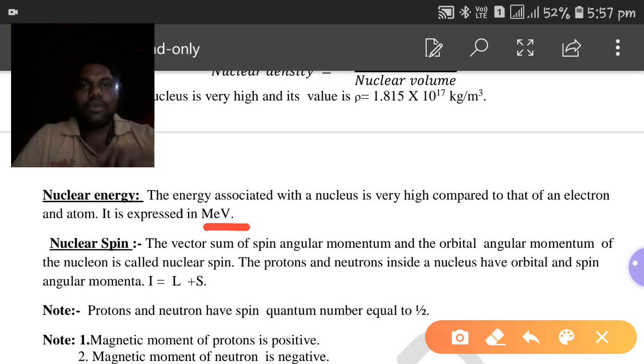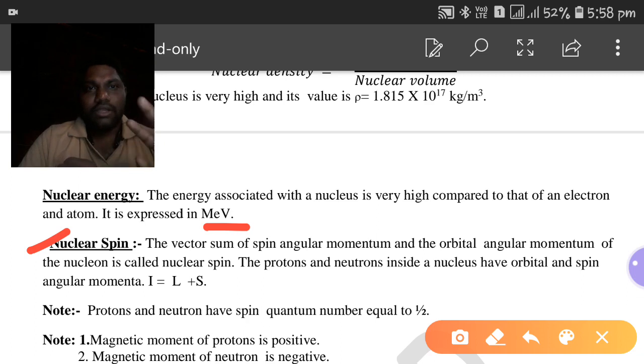The last property is nuclear spin. We know that the nucleus is present at the center, and the electrons revolve around the nucleus.